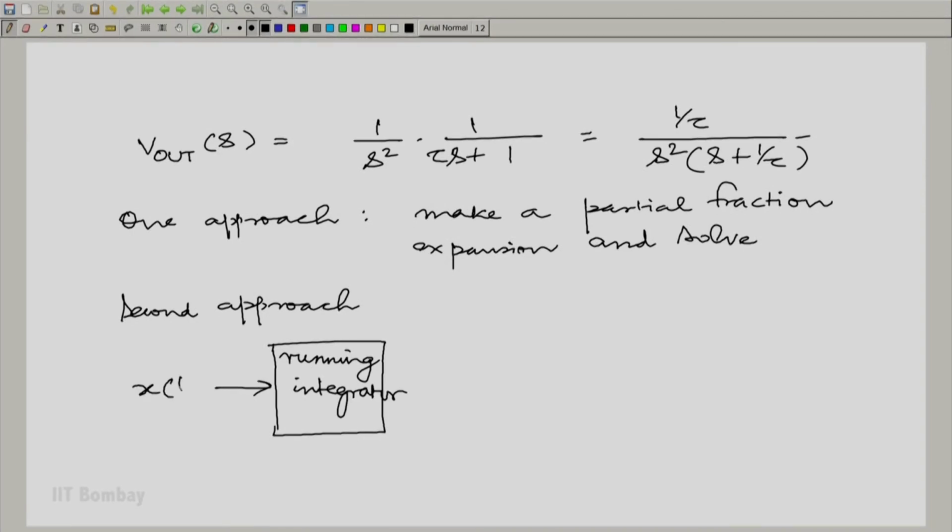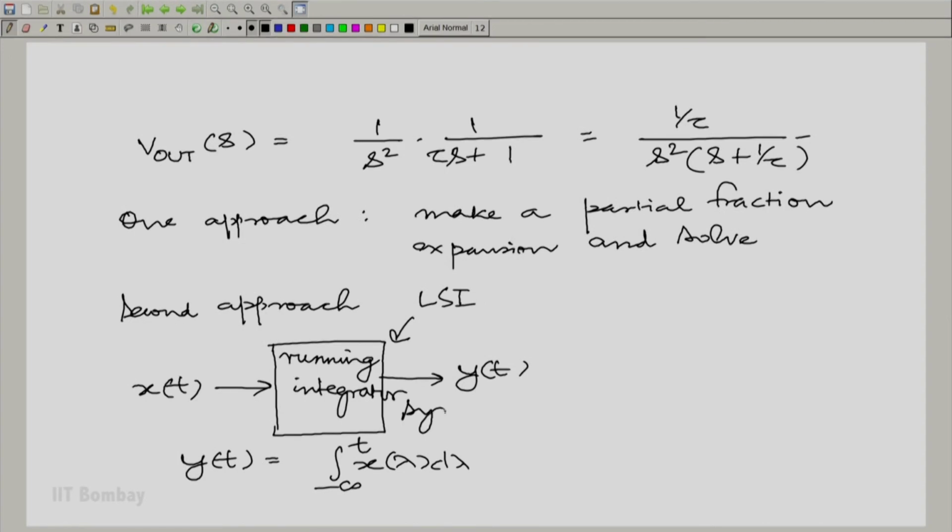So, if you give it an input x of t and produce the output y of t, and if y of t is the integral from minus infinity to t of x lambda d lambda, this system is linear shift invariant, and the system function is 1 by s.